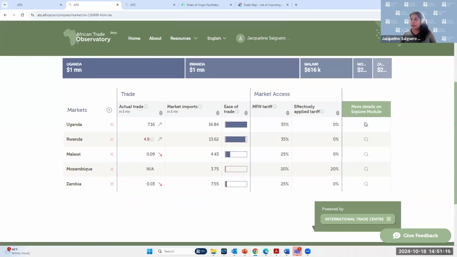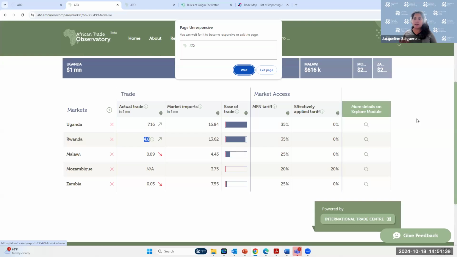Okay. Based on this information, the idea is to select one country that you believe is interesting. Of course, you are the trader, you have the mind to select. In my case, I could say, for instance, I will select the market that is big, with which I can trade easily, where I have a preference to enter, and a market that is growing, so that they're importing a lot of this product from my country.